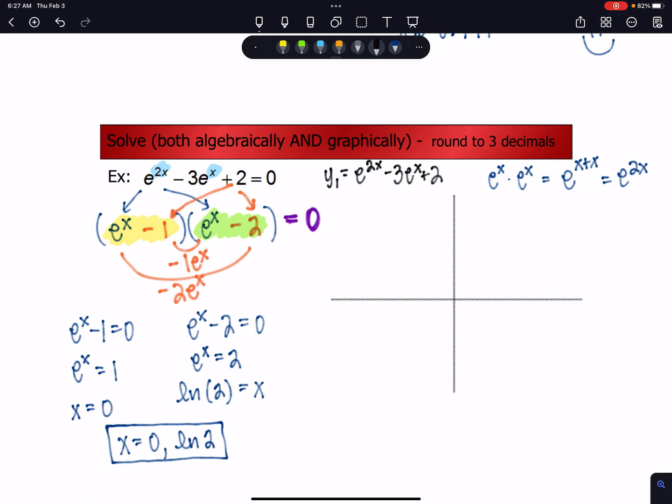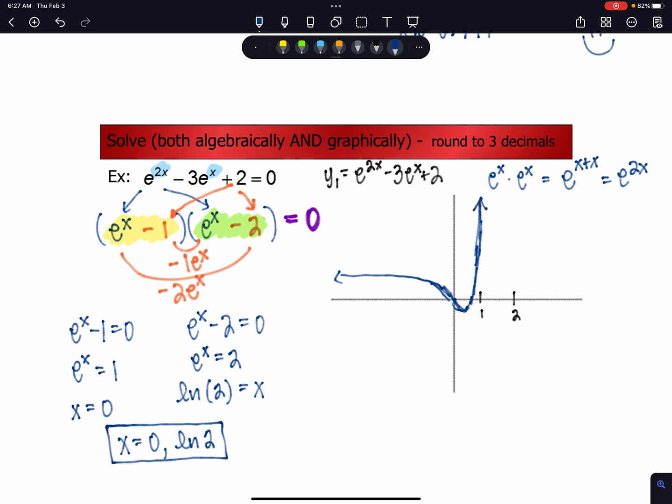Now I will encourage you to press pause and put that into your calculator so that when I draw that graph on my screen here, you can confirm that you got the same answer or the same graph. So you should have gotten a graph that looks kind of cool. It looks something like that.